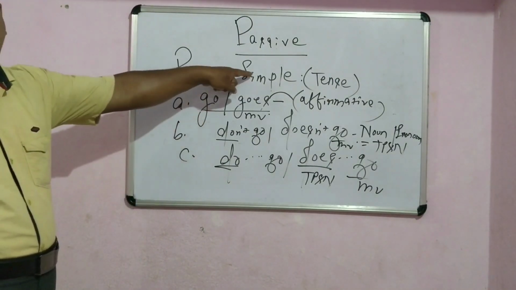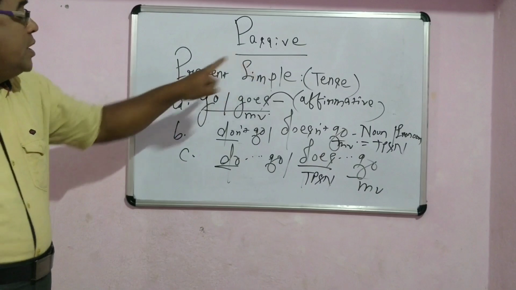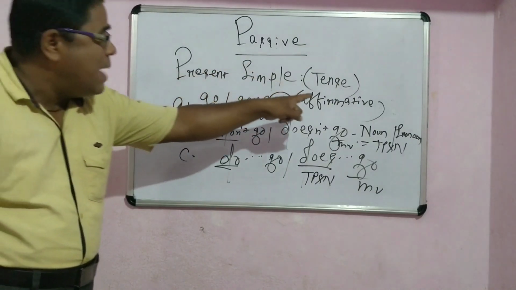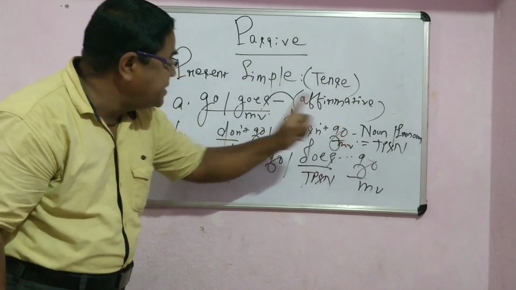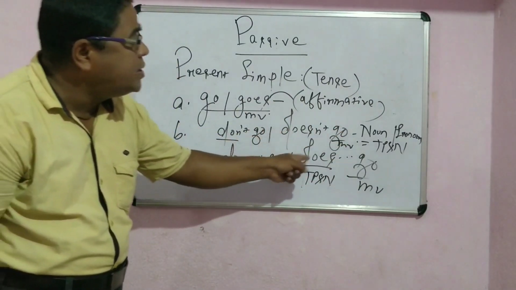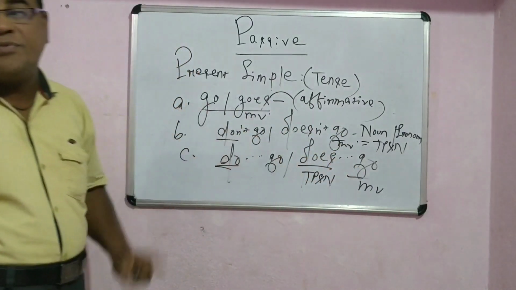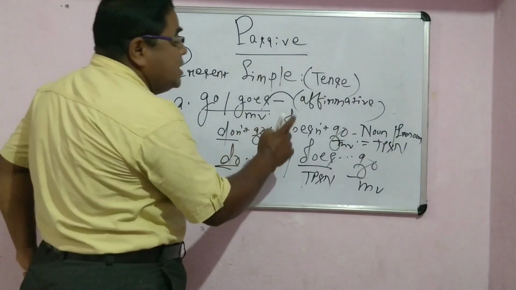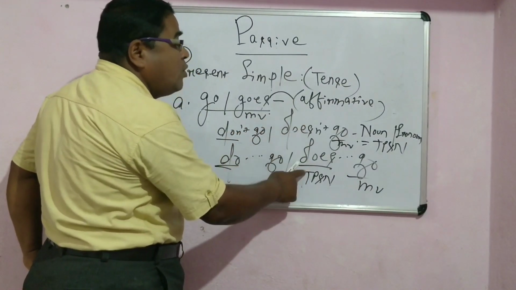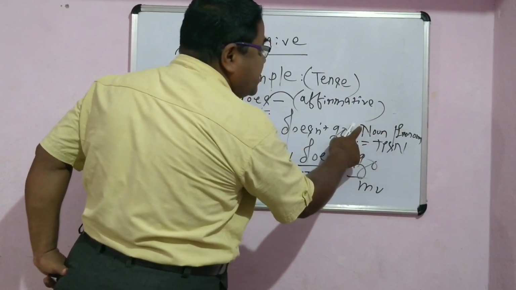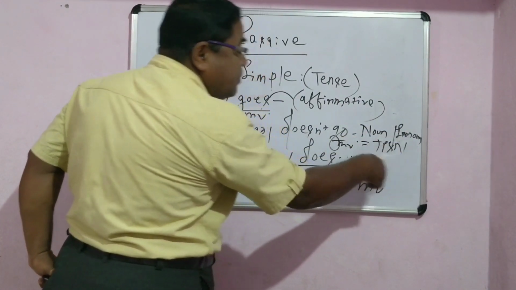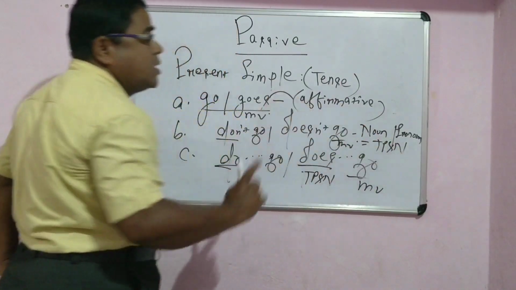So far as the making of a present simple is concerned: go or goes in the affirmative sense; do not go, does not go in the negative sense; do go or does go in the interrogative sense. Does is used in the negative and interrogative if the noun or pronoun in the subject is in TPSN. TPSN means third person singular number.